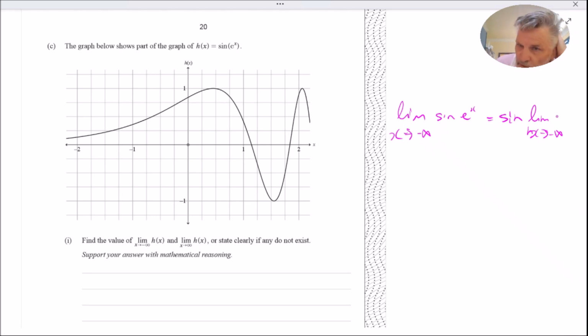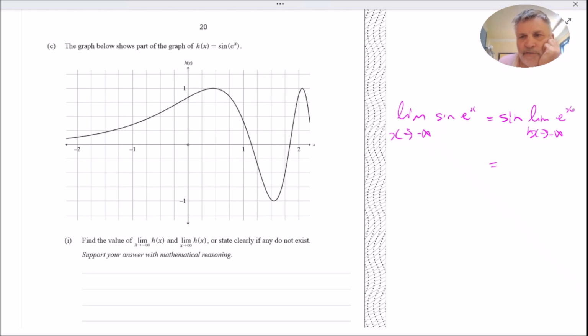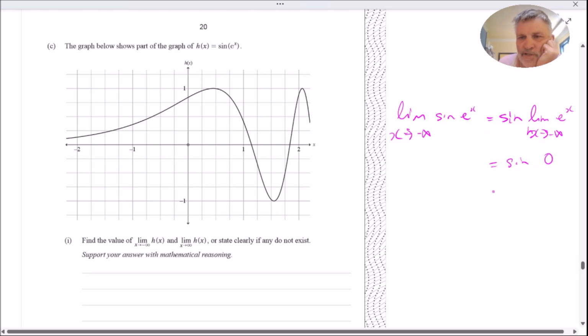It's fine to do this because the limit as x goes to negative infinity of e to the x is 0. So this is basically the sine of 0, which is 0. So that's the first one done.